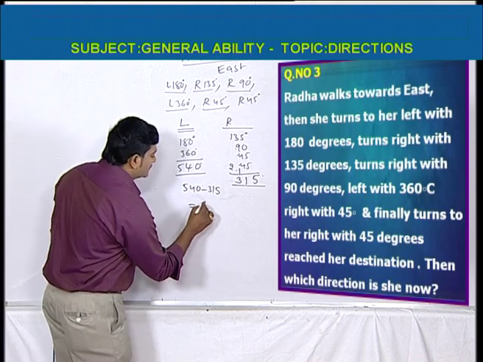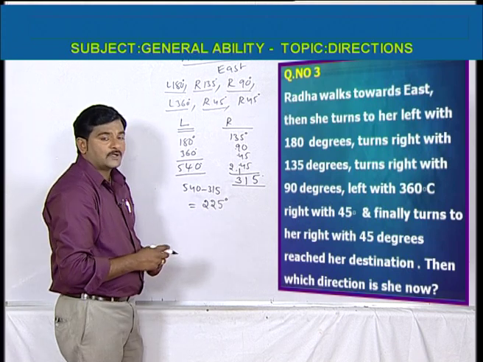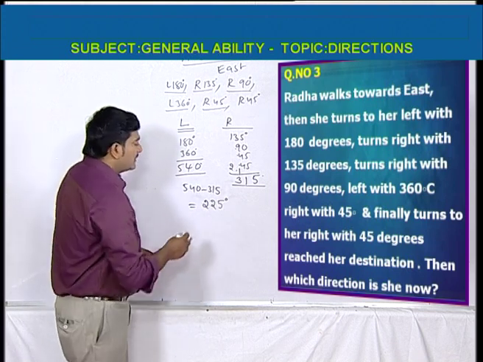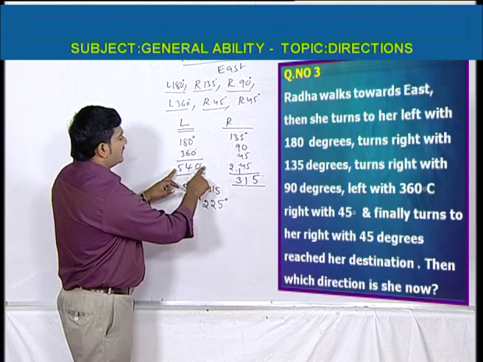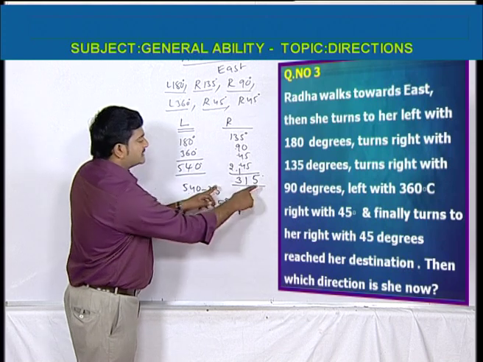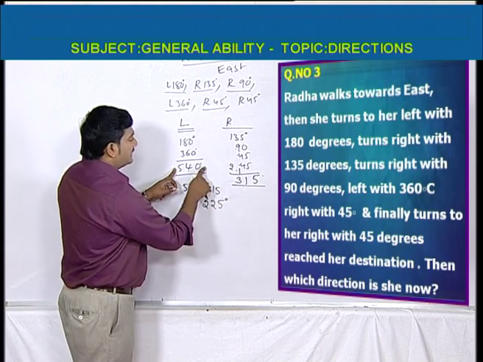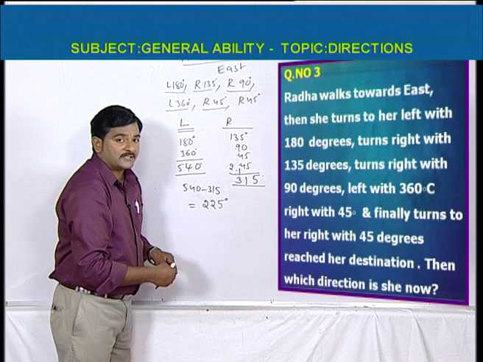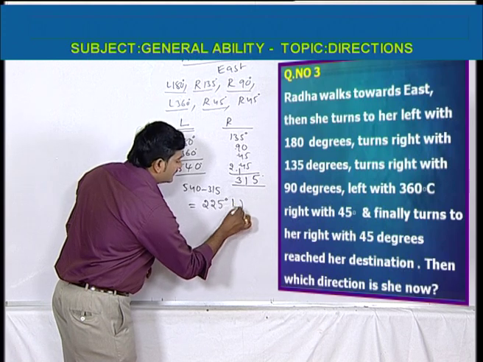So 200 plus 25 is 225 degrees. Now observe here: the left angle is 540, whereas the right angle is 315. So the left angle is greater than the right angle. What does it mean? The difference is 225 degrees, left side.